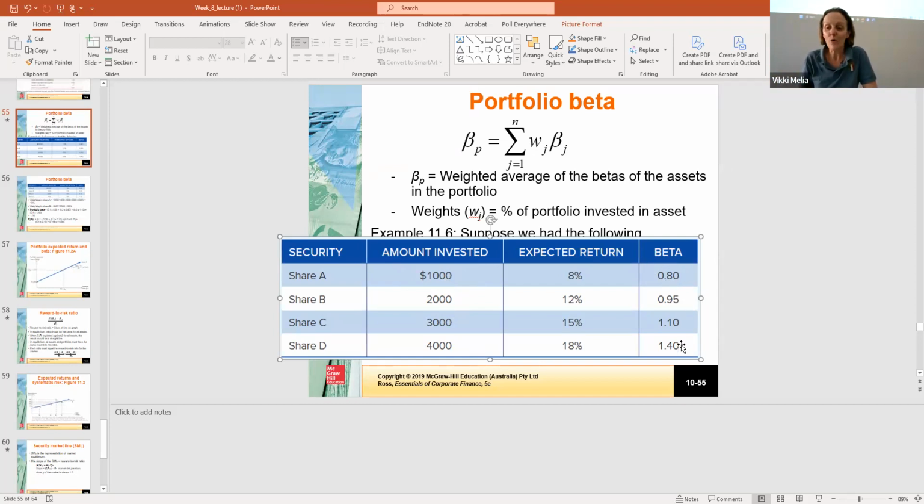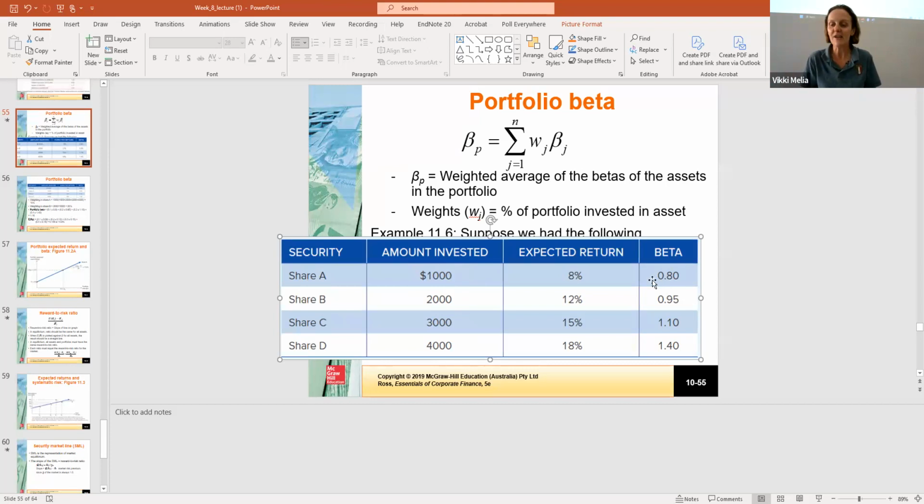And then add them all together and get the total. So for shares in A, we've got $1,000 invested out of a total 10,000. So what's the weight of share A in the portfolio? 10%. 1,000 divided by the total 10,000, 10% in share A.